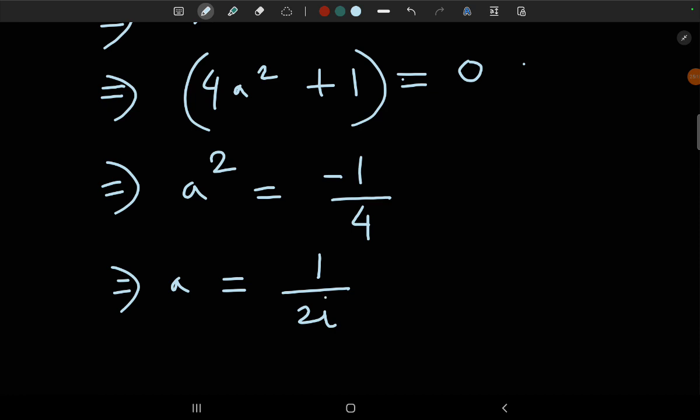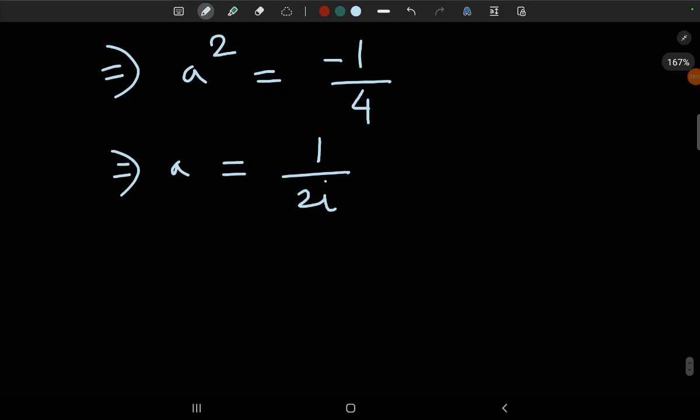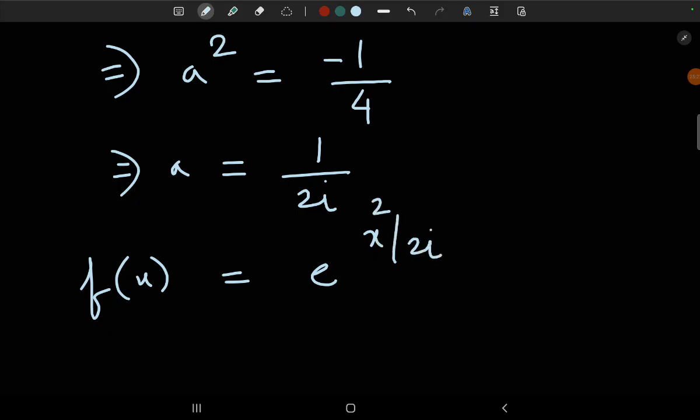So this is an eigenvalue only for one value of a, that is f of x equal to e to the power x² upon 2i, x² by 2i, right?